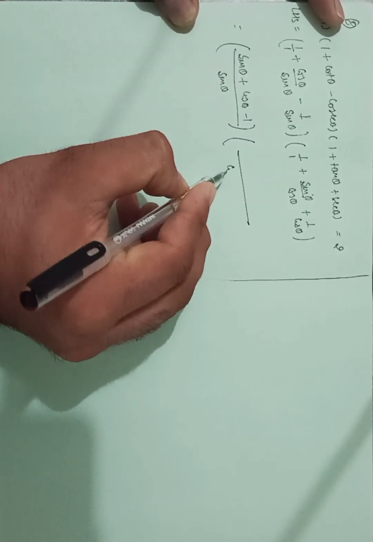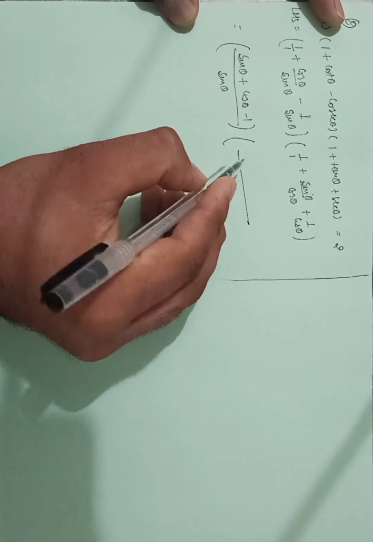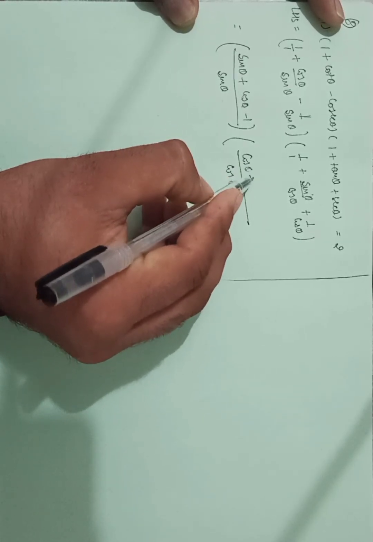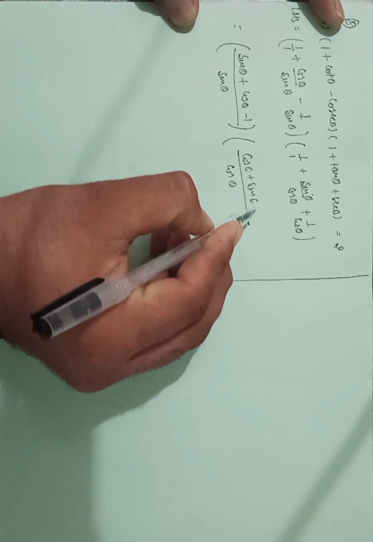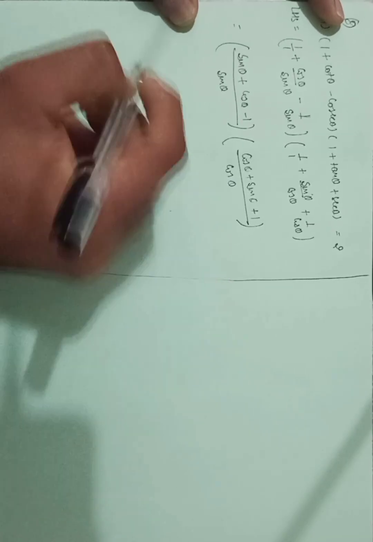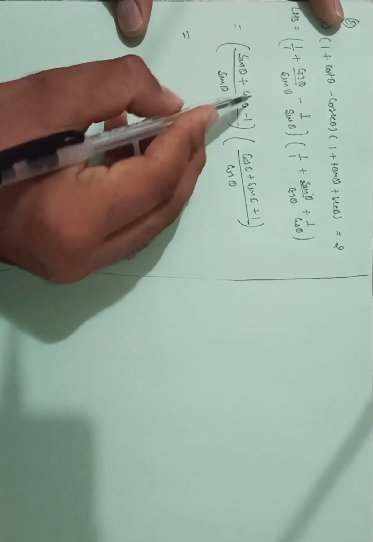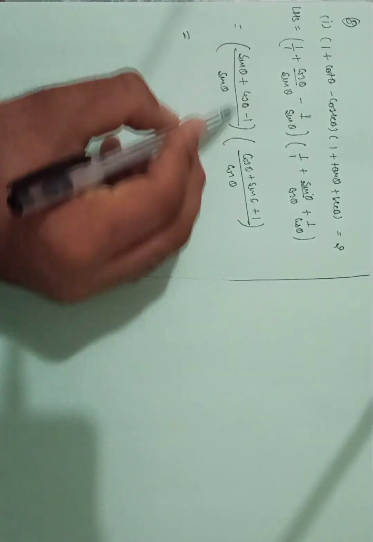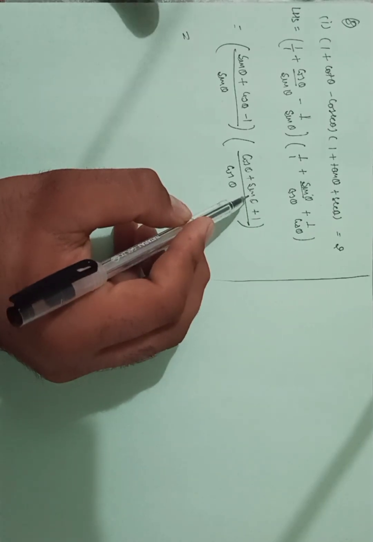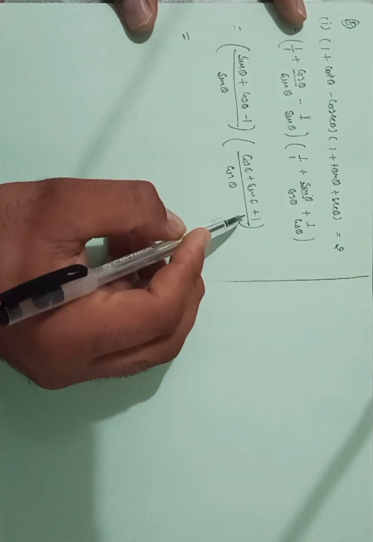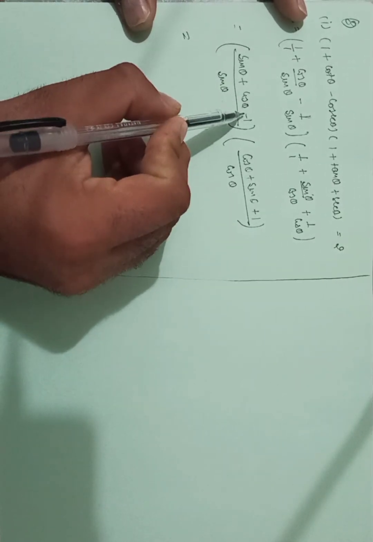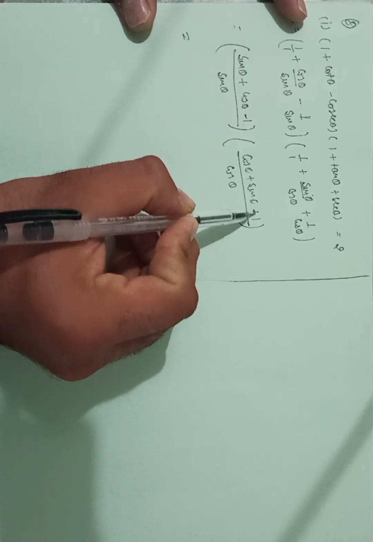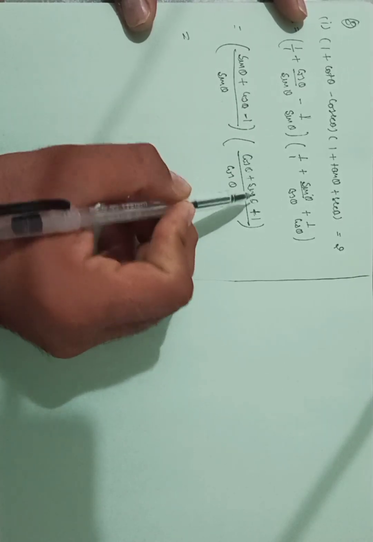Similarly, we will solve this and it will become cos theta plus sine theta plus 1. Now can you observe anything special in this one and this one? You can clearly see there is a minus sign here and a plus sign here. Most things are the same.